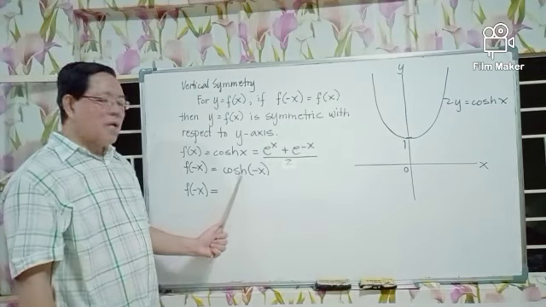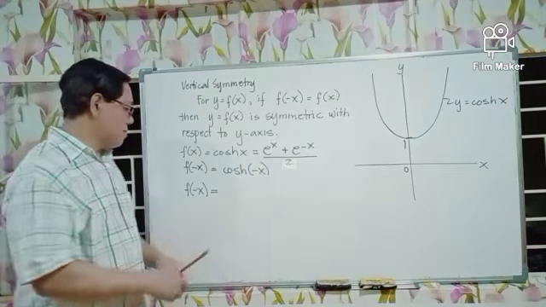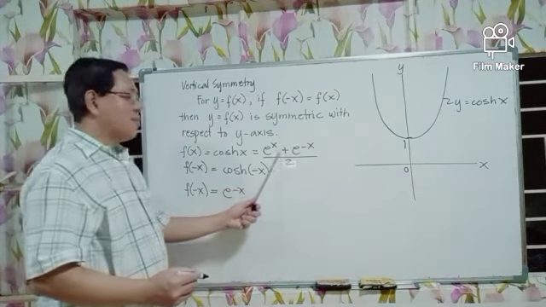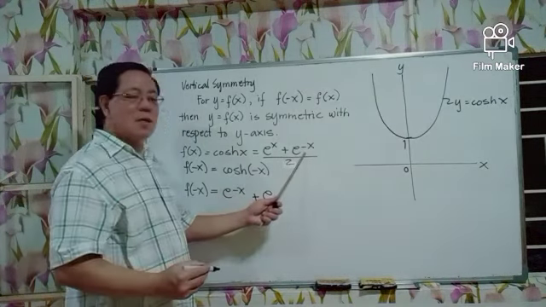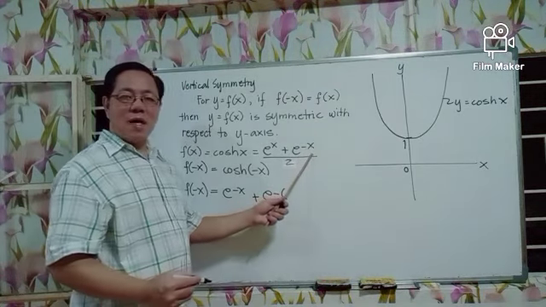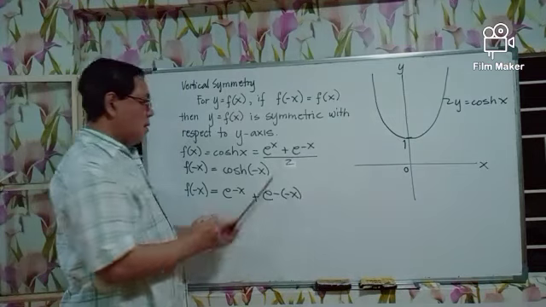So the hyperbolic cosine of minus x is equal to e to the minus x plus e raised to negative, replace x with minus x, all over 2.